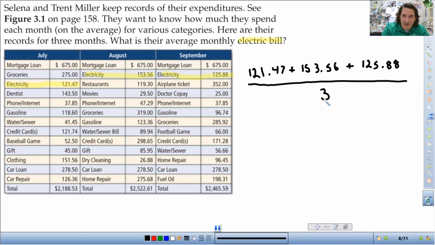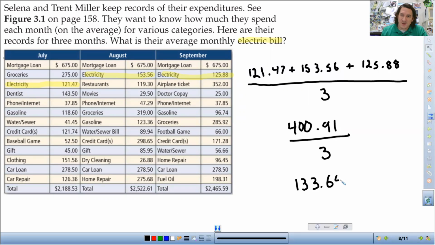That comes out to 400.91, and then you just need to divide that by 3 to find the final average. You get 133.64. So they spent on average $133.64 per month on electricity.